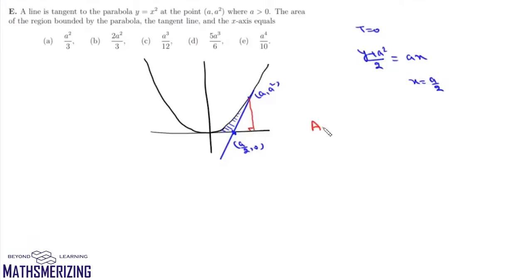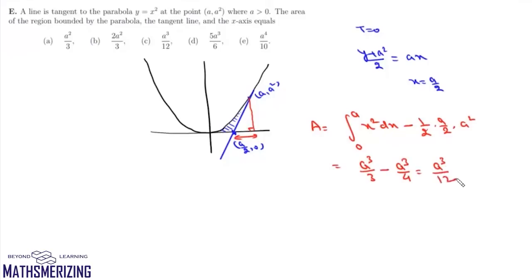So this area will be this integral from 0 to a y dx, which is x square dx, minus 1 by 2. Length of the base is a by 2 and height is a square. So this value will be a cube by 3 minus a cube by 4. So this area will be a cube by 12, and that's your option number C.